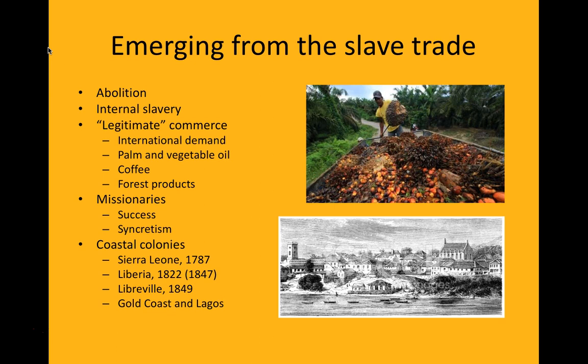These were places that were controlled by Europeans. Some of them had been trading centers for the slave trade, in fact. But they were founded starting in the late 18th century, really getting going in the early 19th century, to send native African or people of African origin who had been freed from slavery back to Africa.